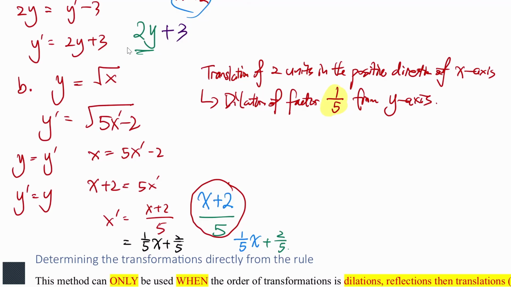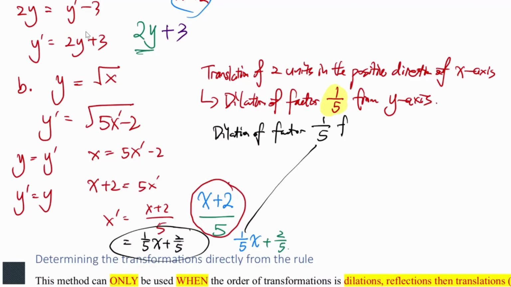All right. Now, next, there's another way. This thing in black. You can say, I do a dilation of factor 1 over 5 from y-axis. But when you do the translation, you gotta do it this way. You gotta do translation of, this time it's not 2 units anymore, it's 2/5 because of this.